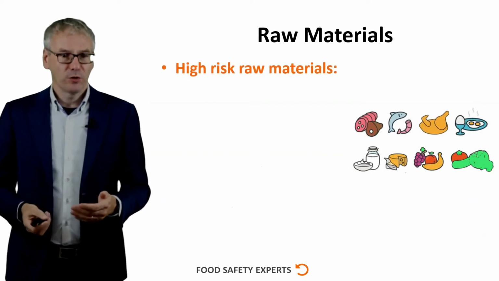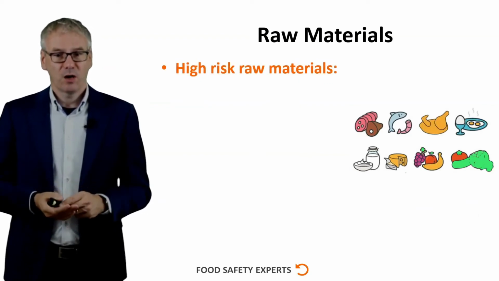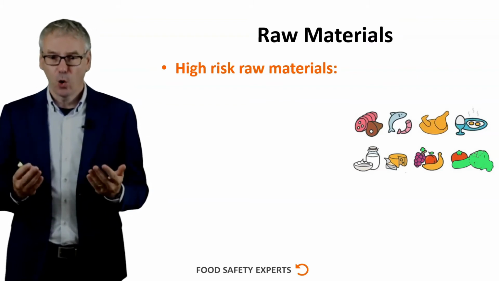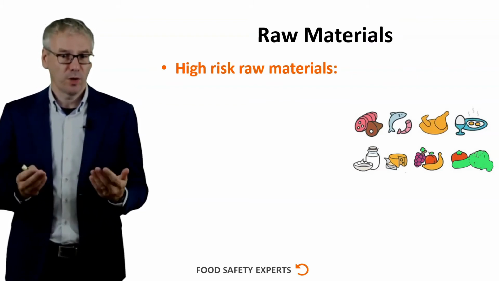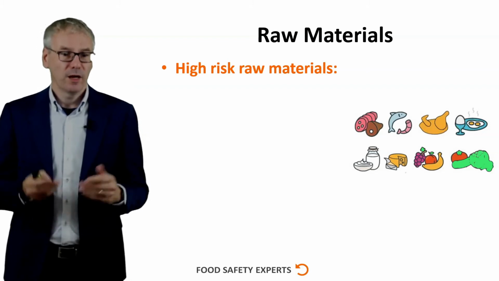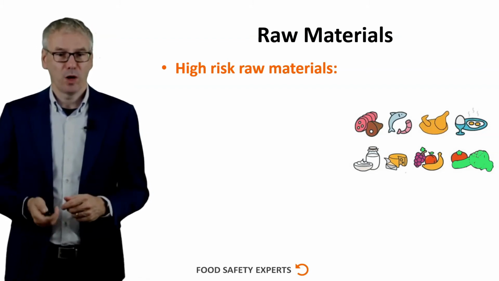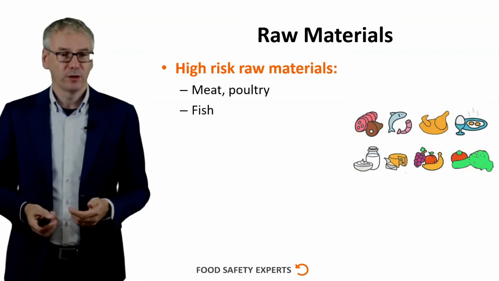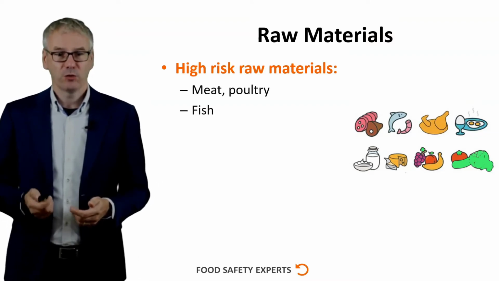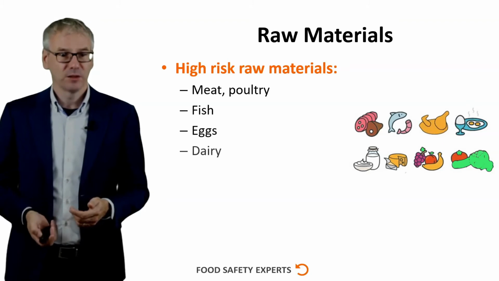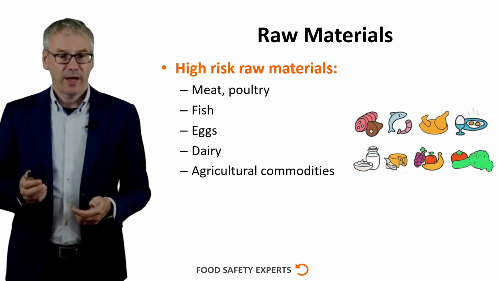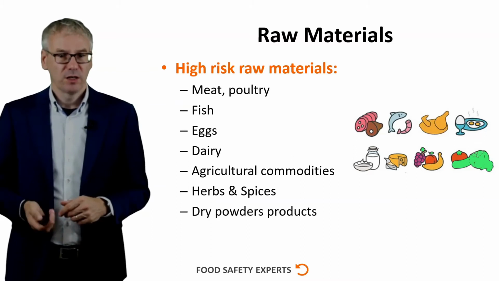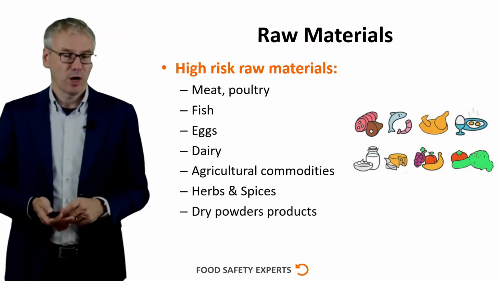So raw materials. We see that there are certain high-risk raw materials which have their own signature in terms of microbiological issues, and we're going to discuss these one by one in a moment. First of all, we have meat and poultry, then fish, eggs, dairy, agricultural commodities, herbs and spices, and last but not least, dry powder products.